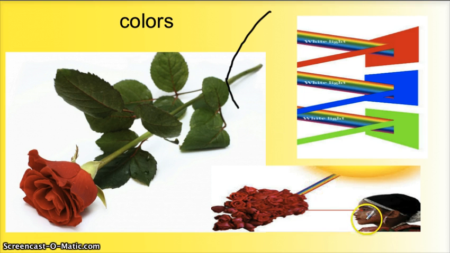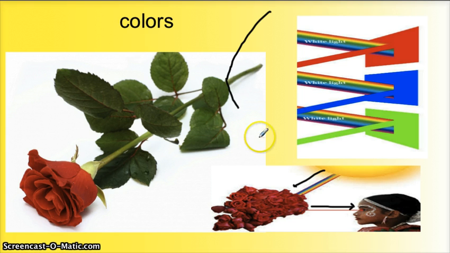Look at this woman right here. All the colors are going to come from the sun and hit these flowers. They absorb every color except the red, and the red is what goes to her eyes, and the eyes correctly interpret it as red.